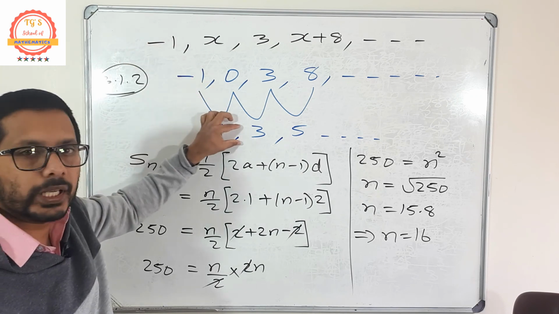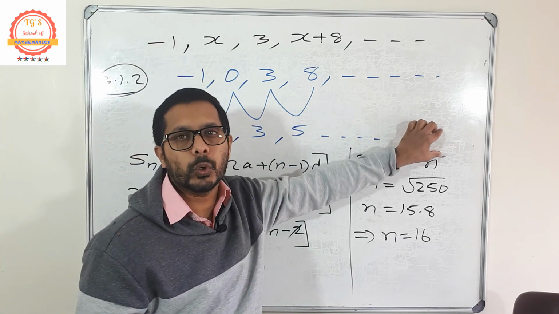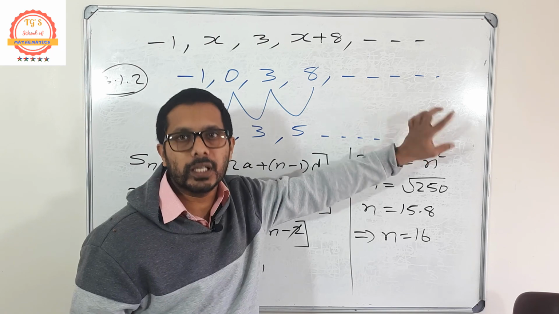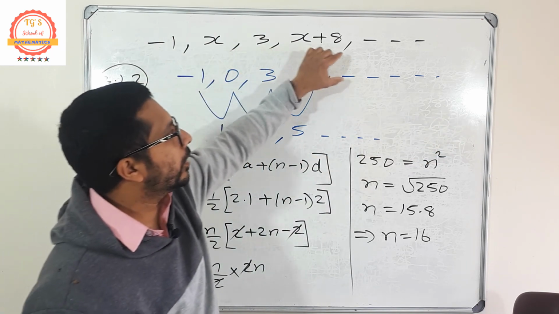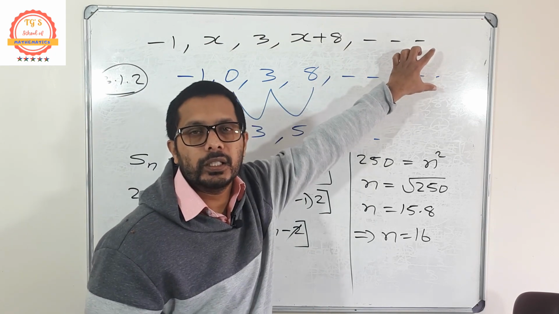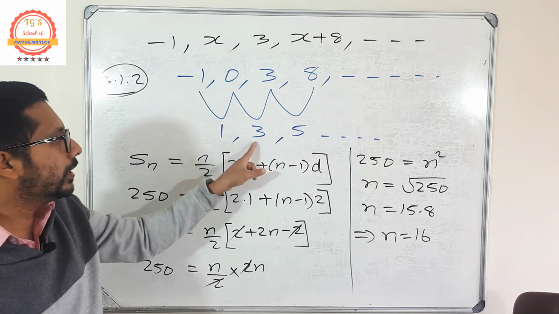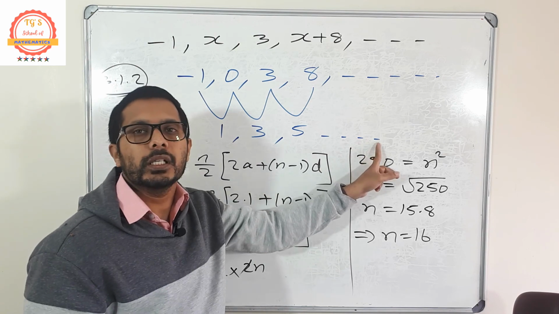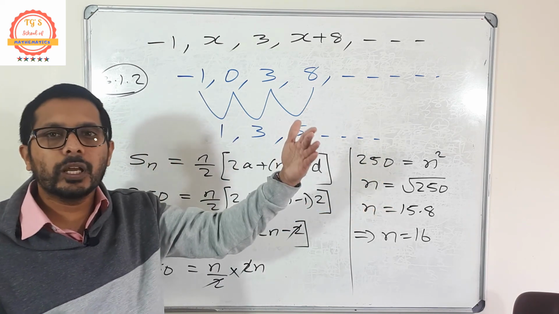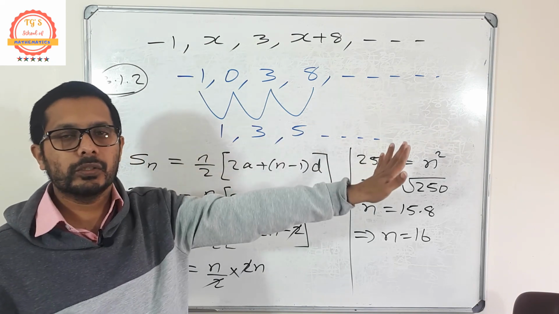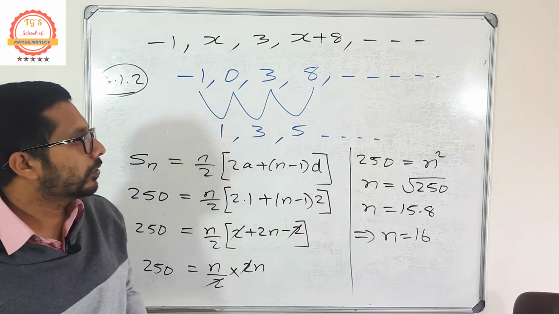Then only you will get a sum of this one that is more than 250. That is the exact meaning of that. You have to write 16 terms in this quadratic sequence. Then only the sum, if you find it, will be more than 250, or the 16th term gives you more than 250. Okay. So that's the answer.